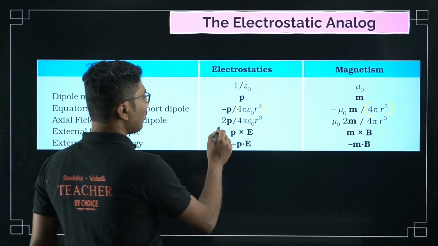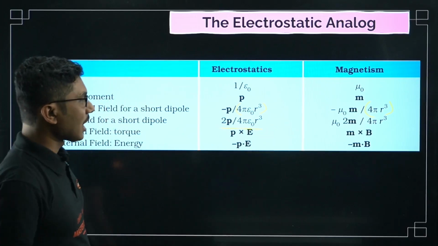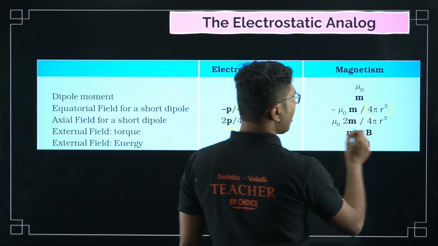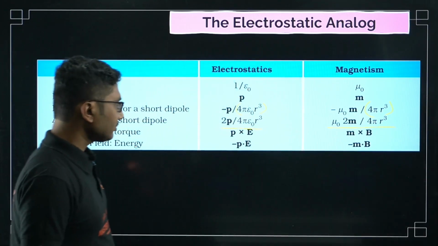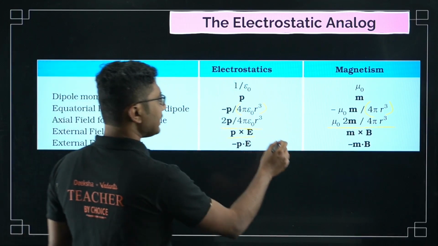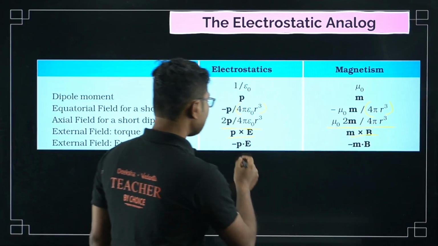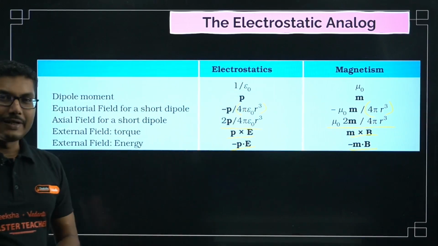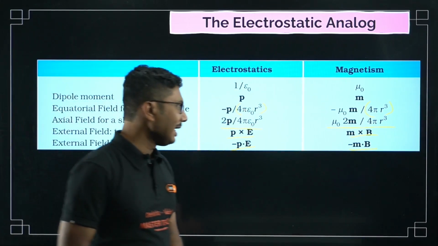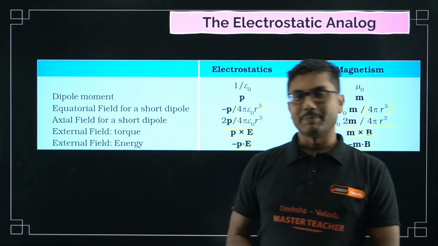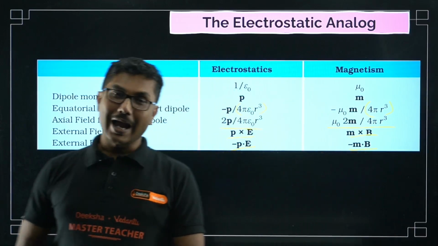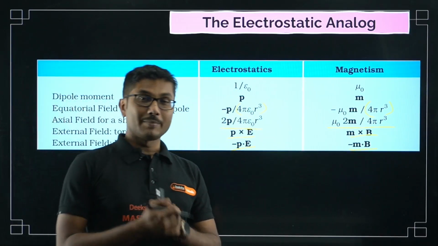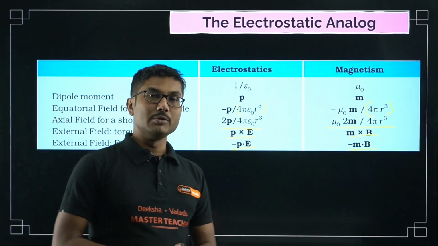Axial field of the dipole, 2P over 4 pi epsilon naught r cube, it is mu naught 2M over 4 pi r cube. It is P cross E, it is M cross B. It is minus P dot E, it is minus M dot B. So electric field is replaced by magnetic field B. The dipole moment is replaced by M, and the 1 by epsilon naught constant is replaced by the mu naught constant.